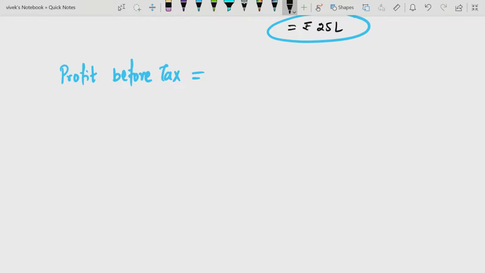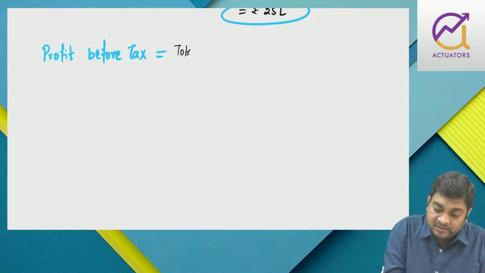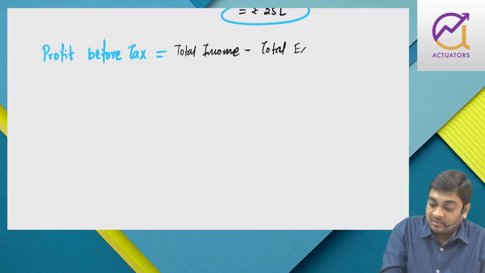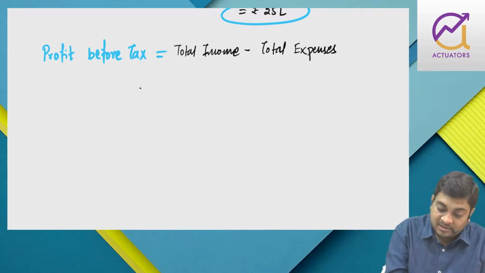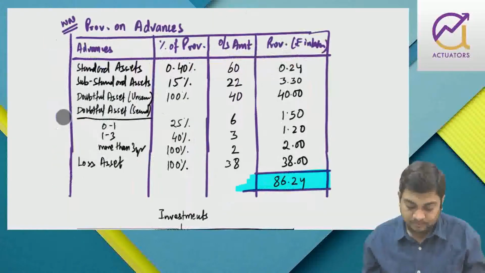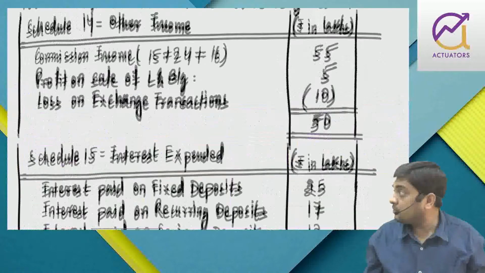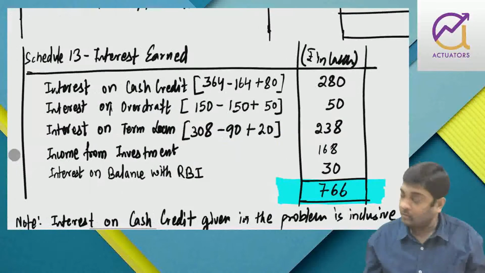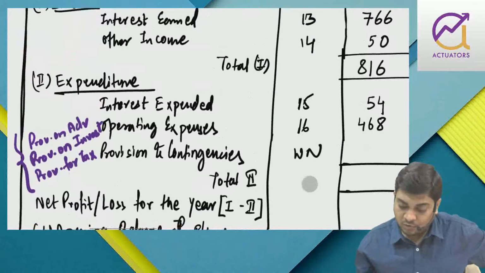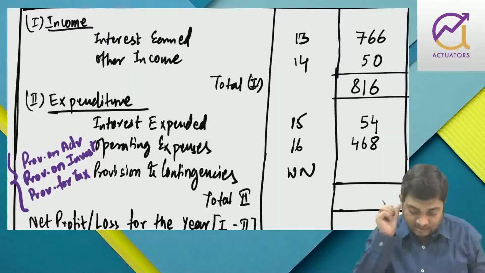Now, next I have to calculate profit before tax. Yes or no? So that is total income minus total expenses. So let me come to P&L first. So total income we have 816 minus 54 minus 468.